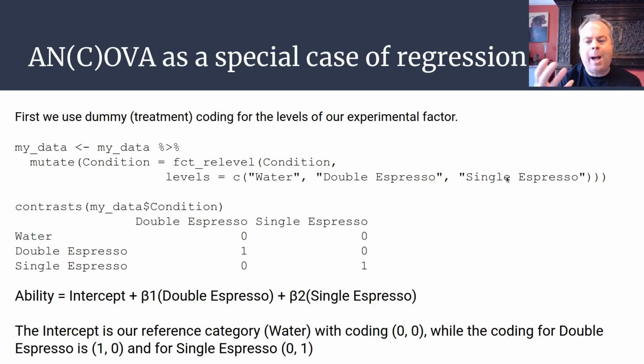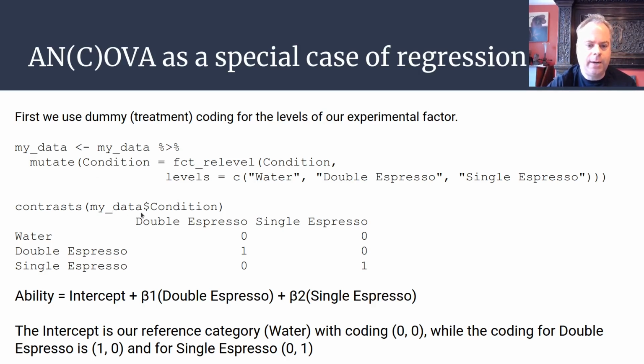And what's actually happening under the hood when we're doing that is R is generating a new coding contrast matrix for our experimental design. And we can ask R to tell us what the contrasts are for our condition variable in our data frame.